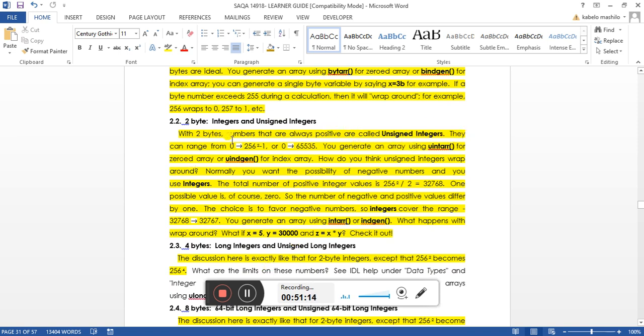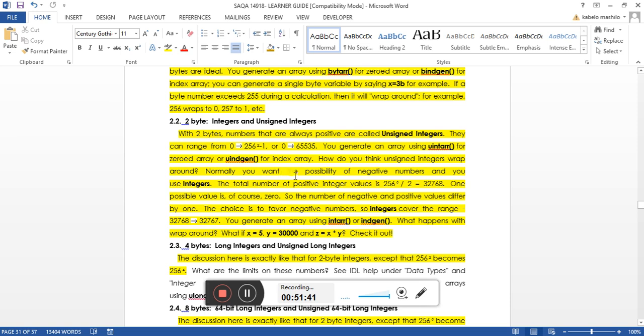They can range from 0 to 2 to the power 16 minus 1, or 0 to 65,535. You generate an array using UINTARR for a zeroed array, or UINDGEN for an index array. How do you think unsigned integers wrap around?